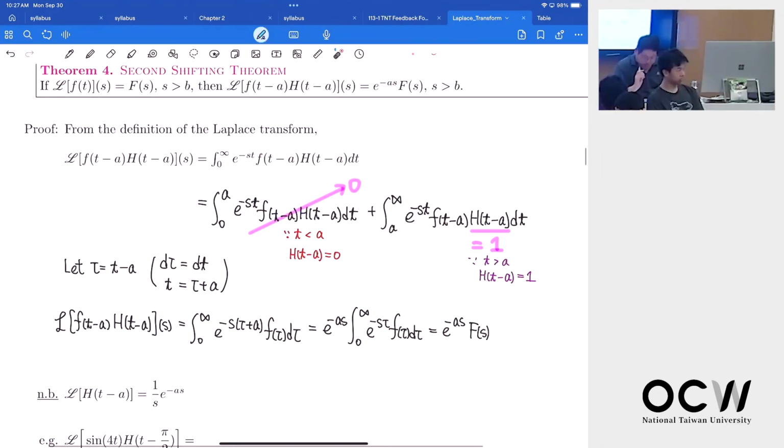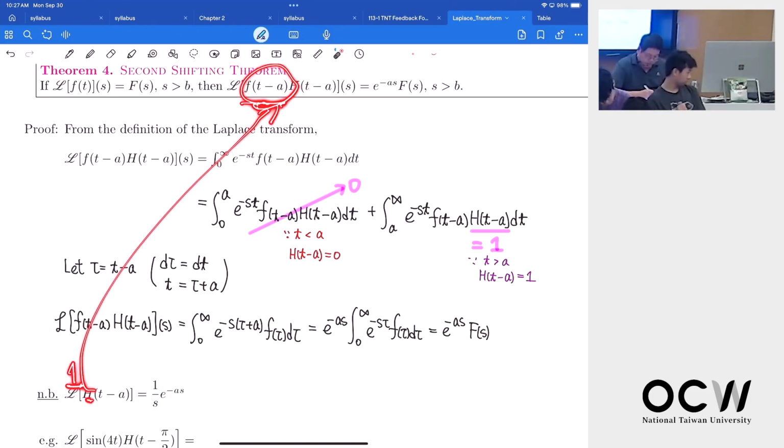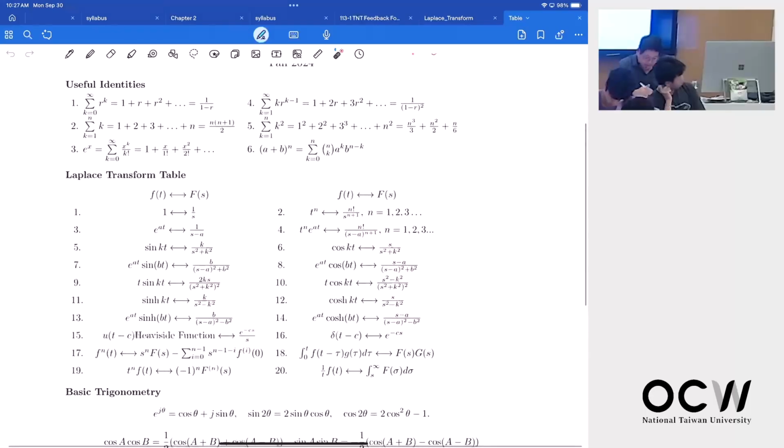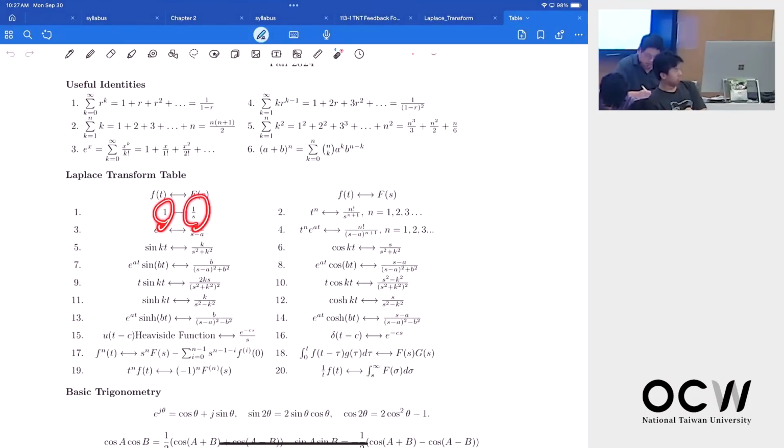And here's a note. What is the Laplace transform of a shifted Heaviside function itself? You can also think about this. You may say, well, I don't have a function f. Think about the function f as 1. If we check the table, for 1, the Laplace transform is 1 over s.